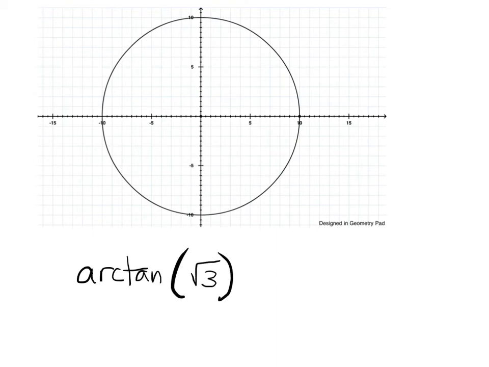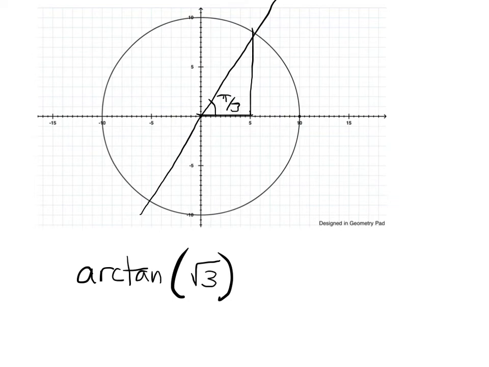We agreed that it was whatever angle makes this line. Of course we draw in the right triangle and we see it's 30, 60, 90. So we either care about this angle, which is 60, pi over 3. Adults call that pi over 3.